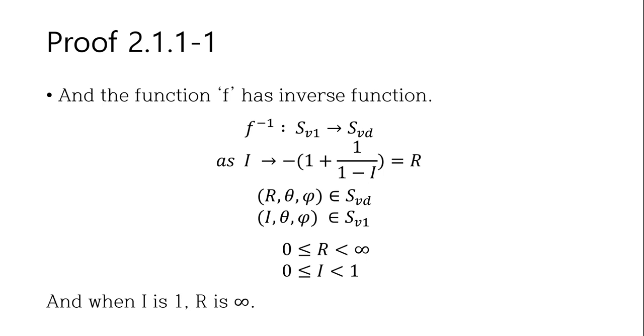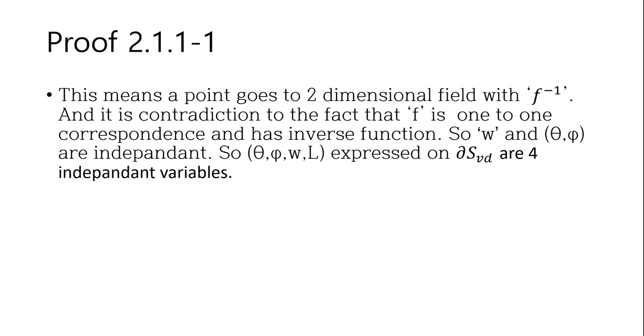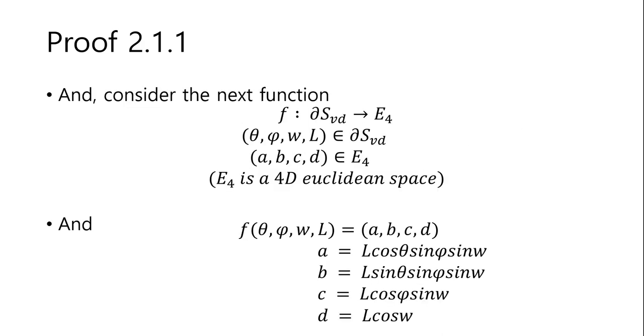And when I is 1, r is infinite, this means the point goes to a two-dimensional field with inverse f, and it is a contradiction to the fact that f is one-to-one correspondence and has an inverse function, so omega and theta phi are independent. So theta phi, omega, L expressed on DS3D are 4 independent variables.